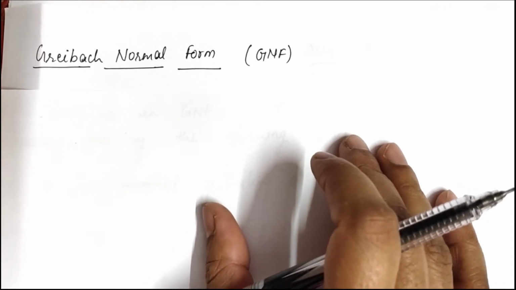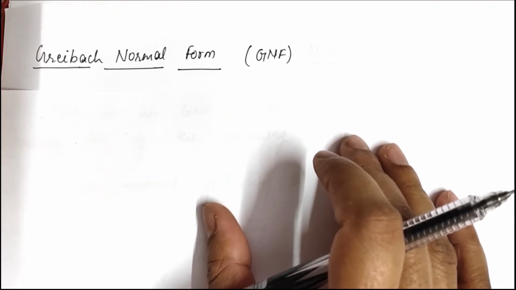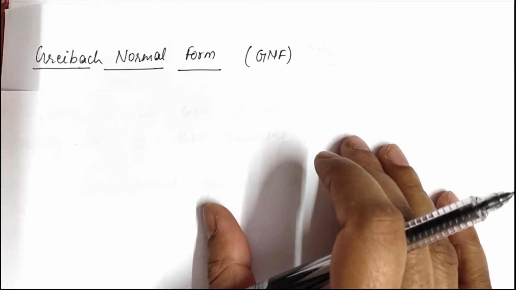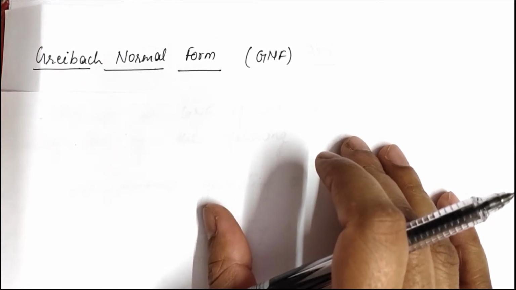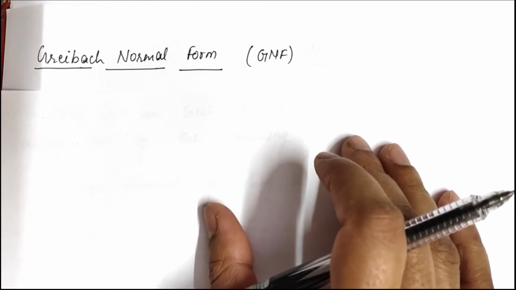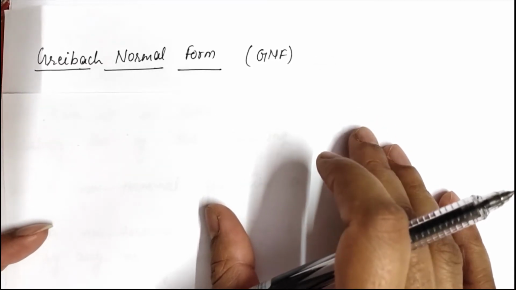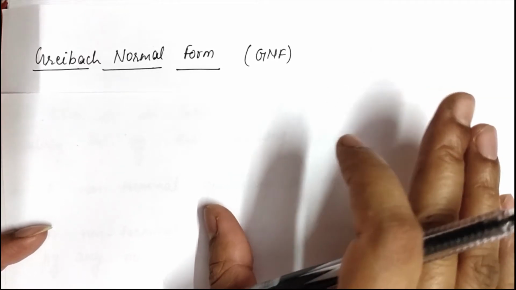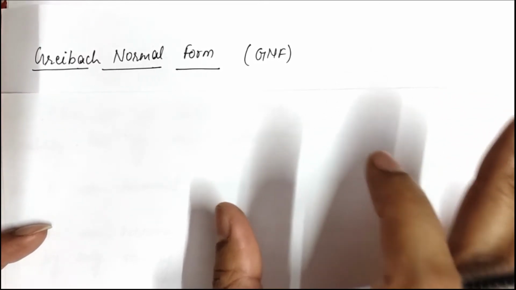Hello friends, today we are going to discuss a new topic, that is GNF form, that is Greibach normal form. First, a grammar is said to be in the form of a GNF when the grammar is a context free grammar.